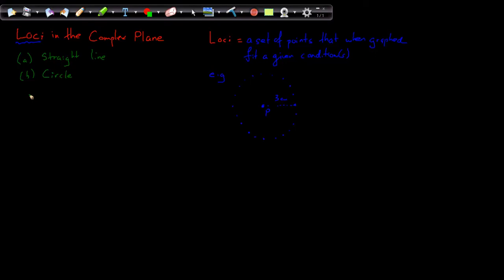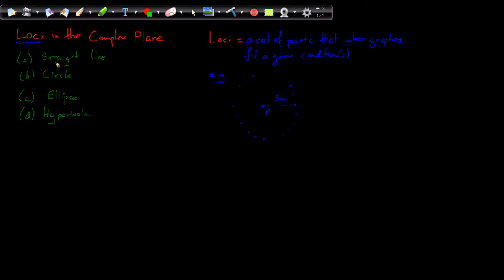So given conditions, which when we investigate them further will produce a straight line or a circle or an ellipse, or, haven't seen this too often, but it could happen, something called a hyperbola shape.